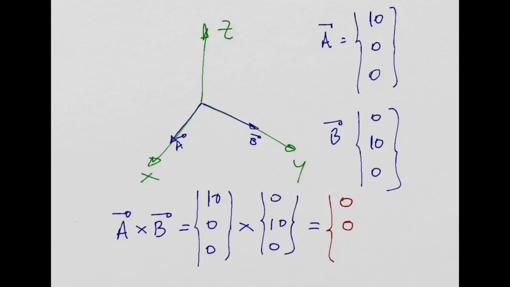Now, the z component. Sorry, I ignore the z line here and I do this cross product. This times this, which is 100, minus this times this, 0. So the result is going to be 100.